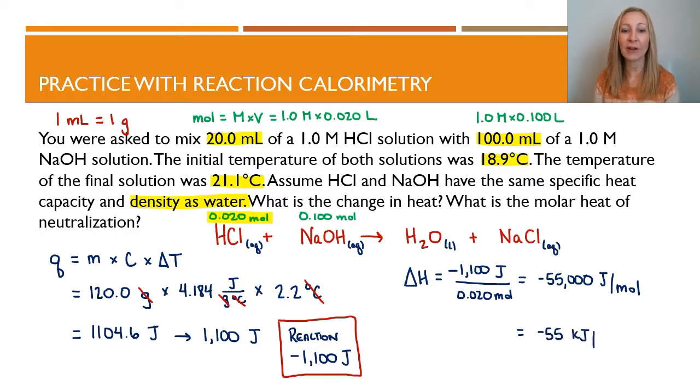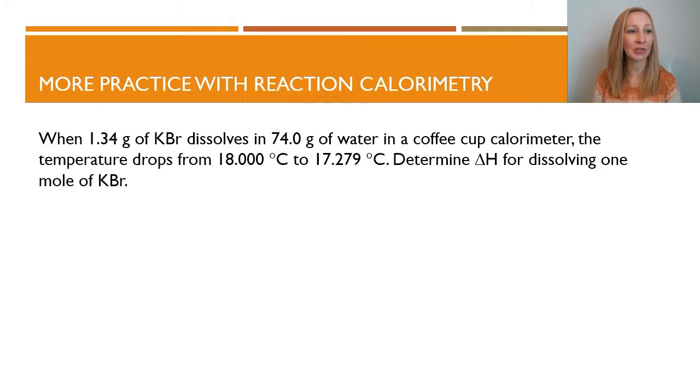So our answer for the molar heat of neutralization, because this is a neutralization reaction, is negative 55 kilojoules per mole. And we used water to measure how much energy was being given off by this neutralization because the water heated up, which meant that the reaction was releasing energy. It was an exothermic reaction.